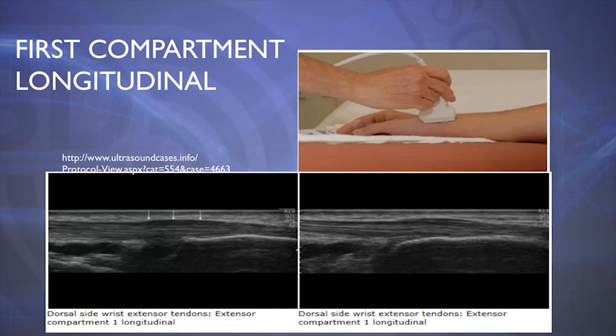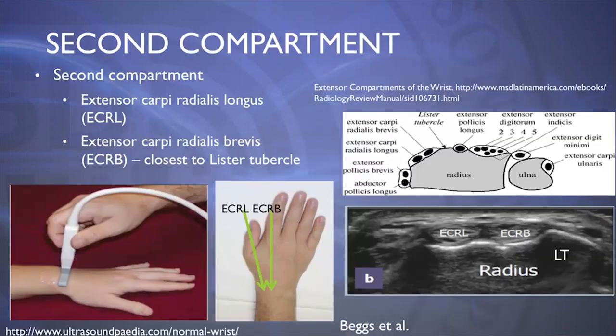Moving on now to the second compartment, this is the extensor carpi radialis longus and the extensor carpi radialis brevis. Again, brevis is closest to Lister's tubercle, so we've got longus and brevis right here. So we'll want to look at these in transverse, again, from proximal to distal. And in this image here, it's nice they show you where Lister's tubercle is on the radius.